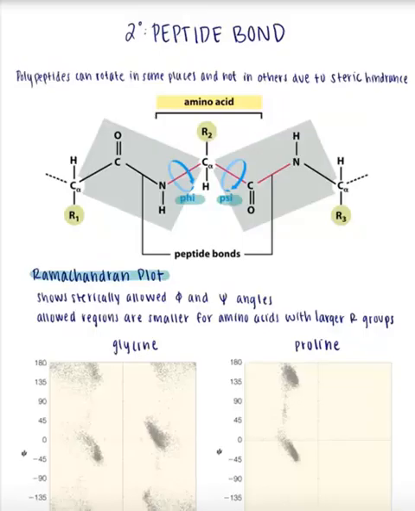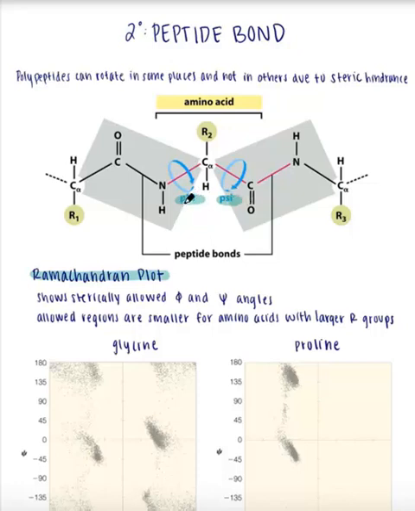The next thing about secondary structure is that the peptide bond is planar, and so polypeptides can rotate in some places and not in others, due to the steric hindrance that comes with the structure. So what we have are these 2 bonds. One is known as the phi and one is known as the psi.